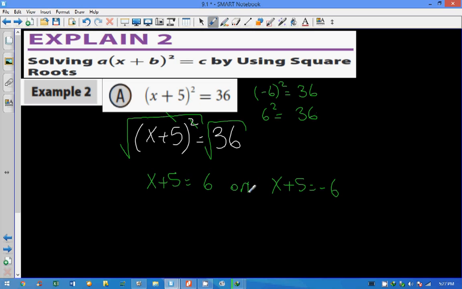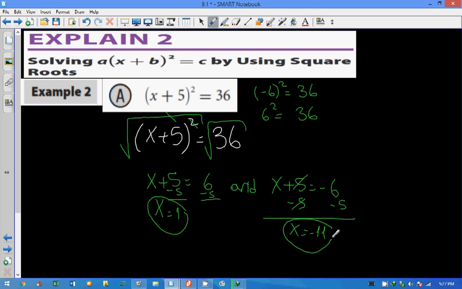So x is going to be equal to 1 and 6 minus 5 is 1, and negative 6 minus 5, x is going to be negative 11. So we have two different answers: x equals 1, x equals negative 11.